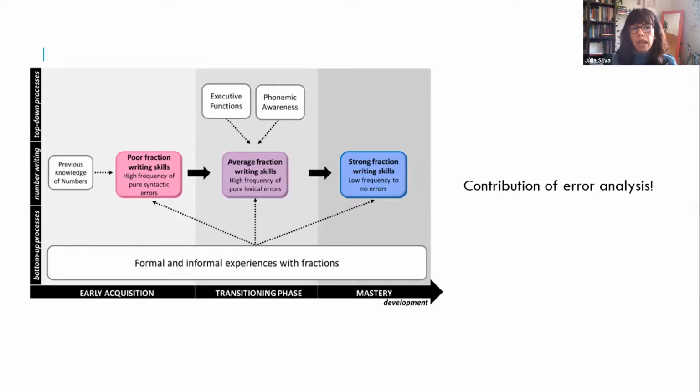And I think it's especially relevant because she also analyzes the errors they make while writing. And error analysis is quite difficult to perform, but very rewarding, because I think we can learn a lot from them. And I believe it's interesting to see that the informal experiences play a role.